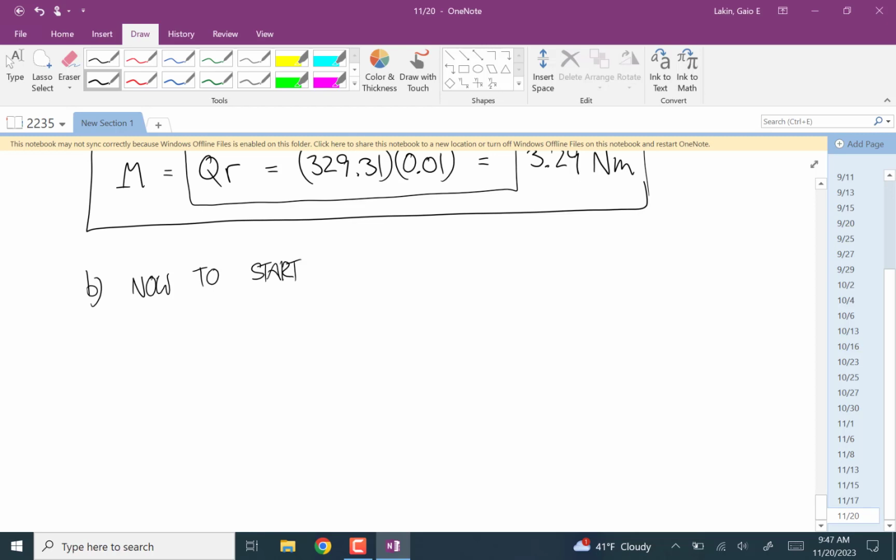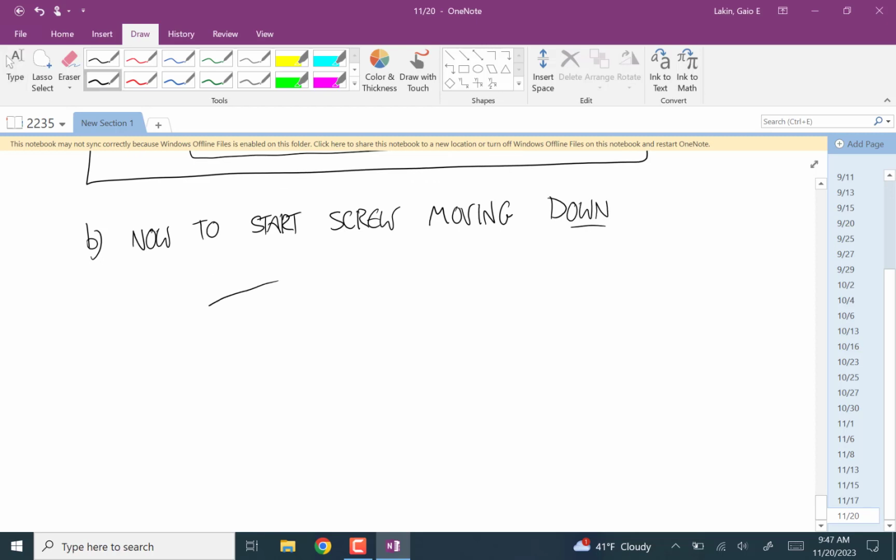So now to start the screw moving down, you still have the same angle, but now you're applying your force Q this way. The normal and the weight force are what they were before.